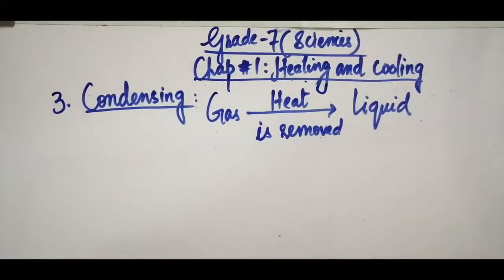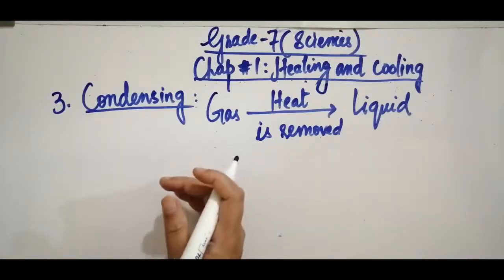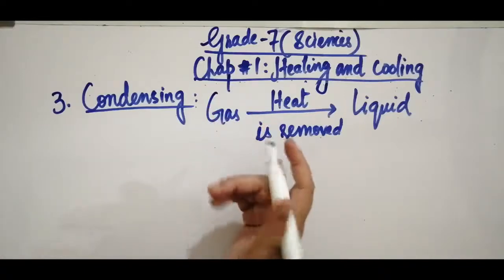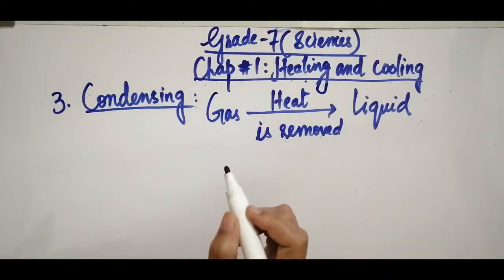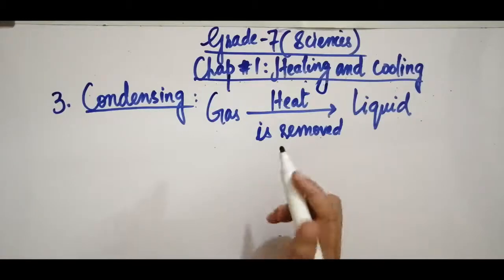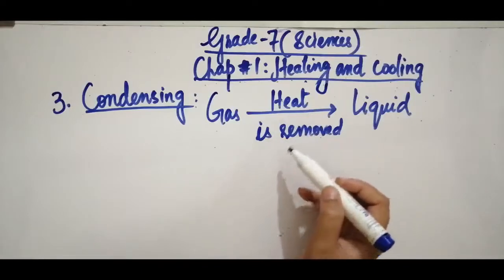As we are moving ahead, we can also observe that with these phenomena, that is melting, then evaporation and condensing, the movement of molecules gets slower and slower. What is the reason? Because when the heat energy is provided to them, their molecules move faster.